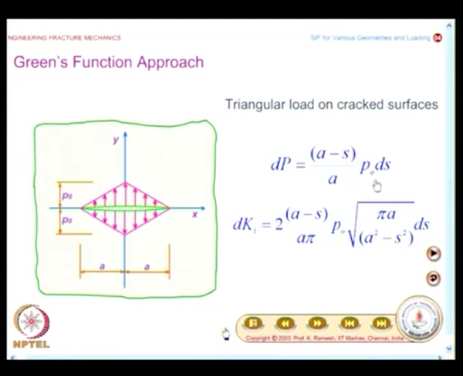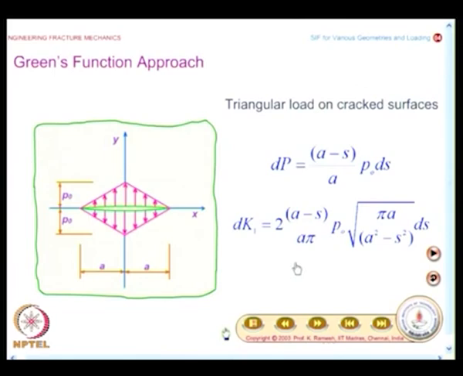and by looking at the expression which we had for the symmetric load, I could write this. We are writing dK1. I have this load as 2 into (a minus s) divided by a into p naught times square root of pi a divided by a squared minus s squared ds.